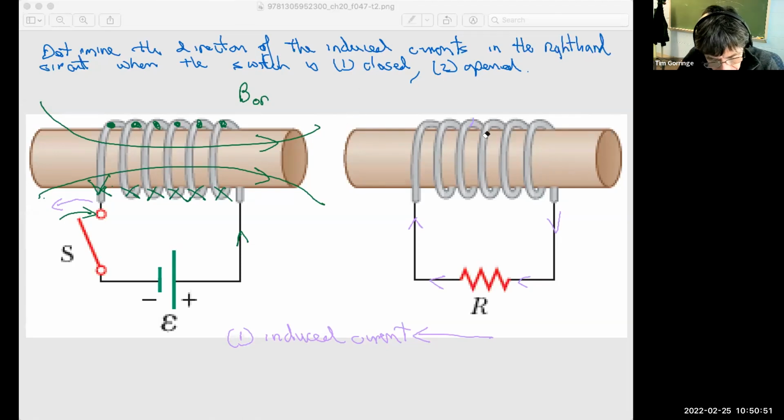So it's going to be a magnetic field where the field lines, there's a couple of field lines, head from the left to the right. They're replacing the left to right magnetic field that has just disappeared because we open the switch. So this is the configuration of the induced magnetic field when we open the switch in the right-hand circuit.